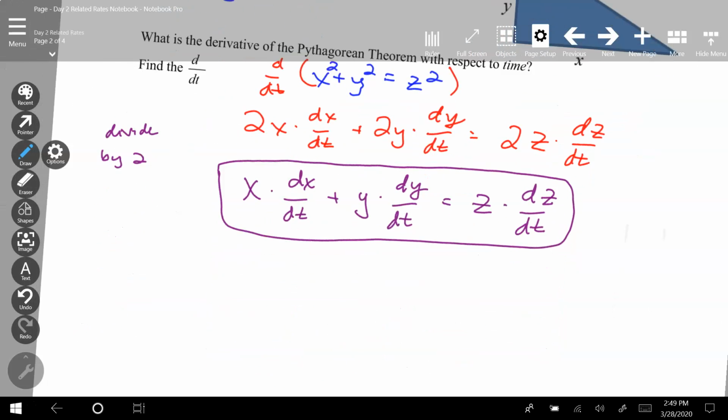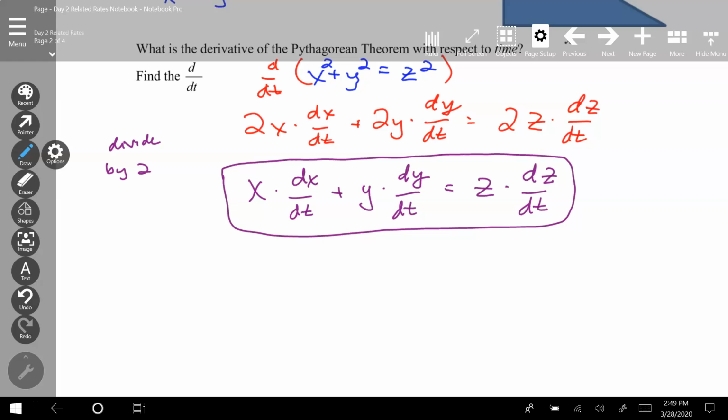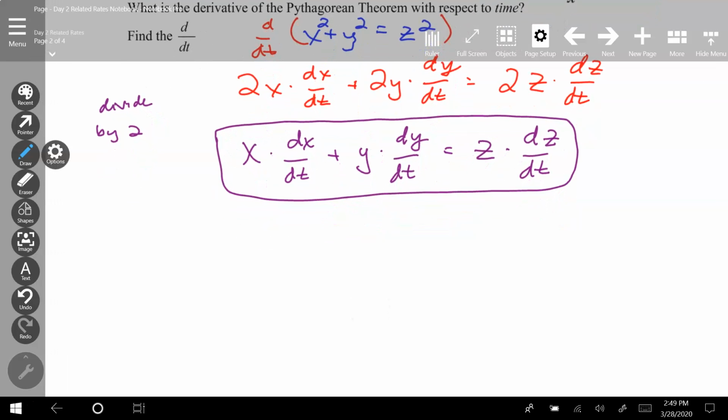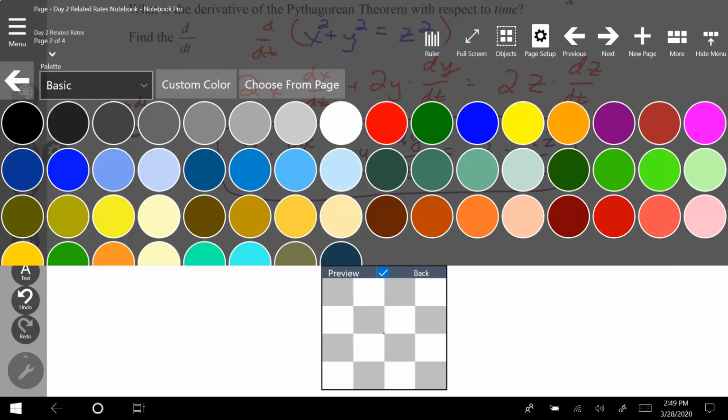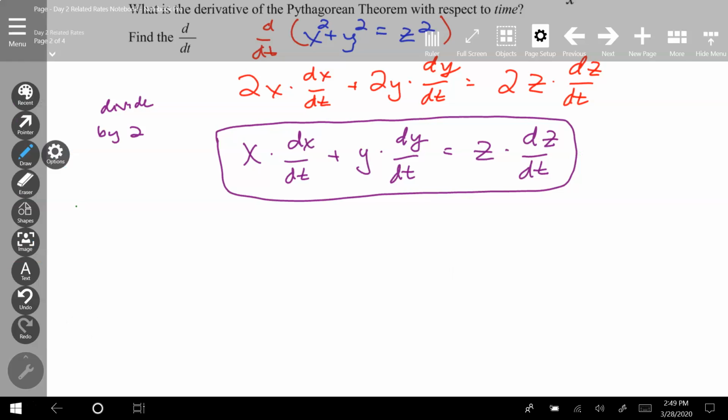Notice that we have six items here. We have the length of side x.